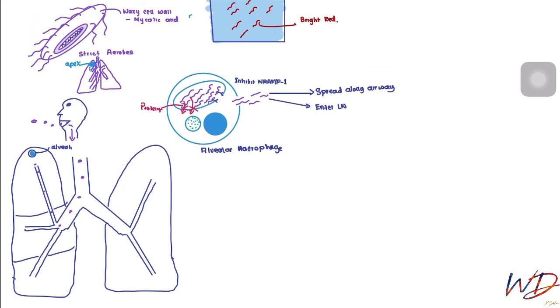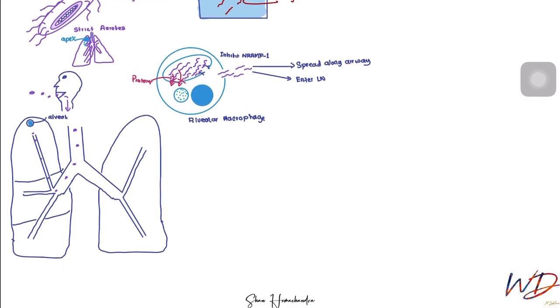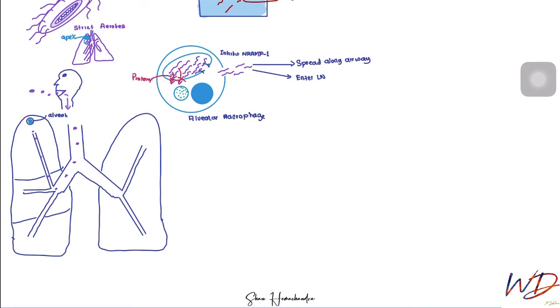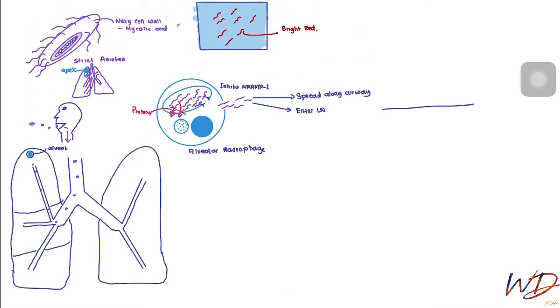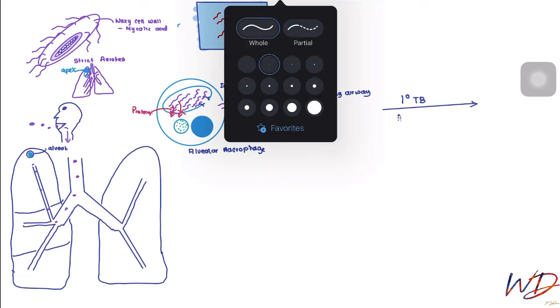What I'm talking about right now is how the bacteria will establish its infection in the body. So this first stage is called primary TB. Primary TB. And in most patients, it's asymptomatic. Like you don't even know that you have it.